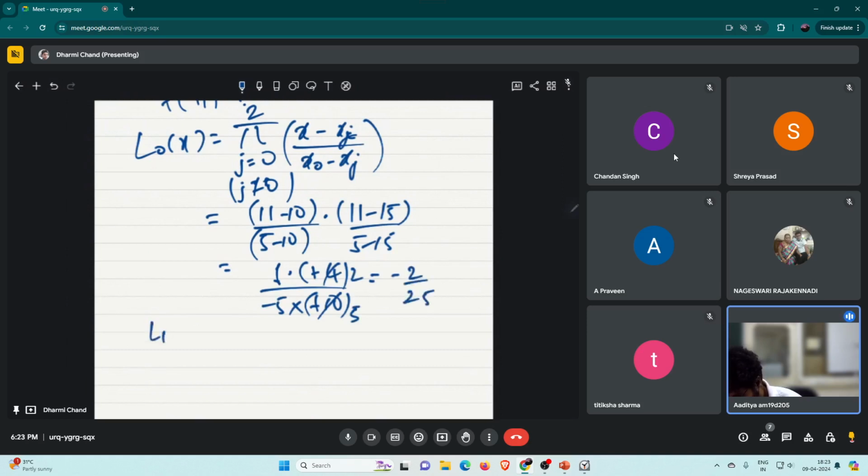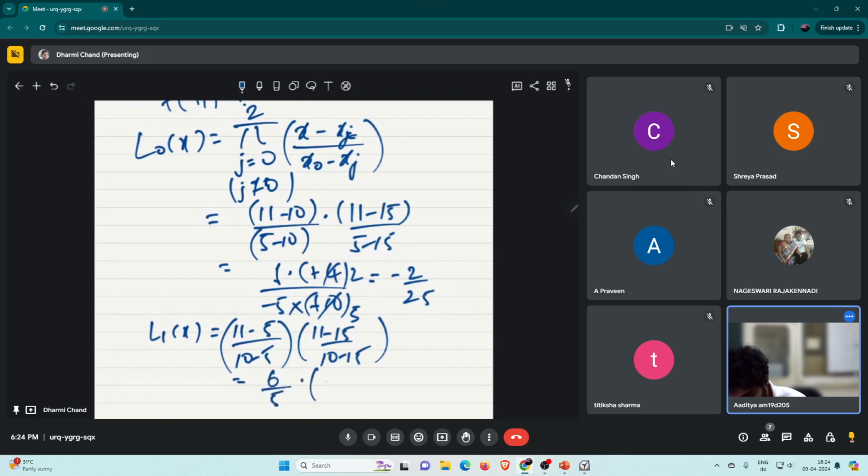So L1 of x will be the same thing, but instead of x0 I have x1, and of course j can't be 1. So this is 11 minus 5 by 10 minus 5 into 11 minus 15 by 10 minus 15. 11 minus 5 is 6, 6 by 5 into minus 4 by minus 5, so this is plus 24 by 25.